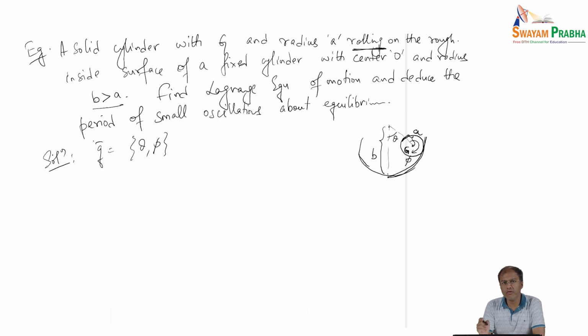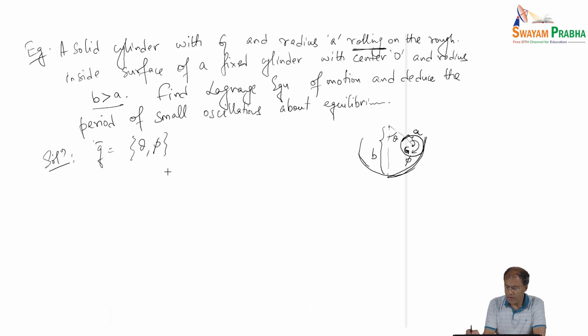The moment it is rolling, there is no sliding, no frictional sliding, which means we can immediately write down that the particle at contact of the smaller cylinder with the surface of the larger cylinder will have zero velocity.